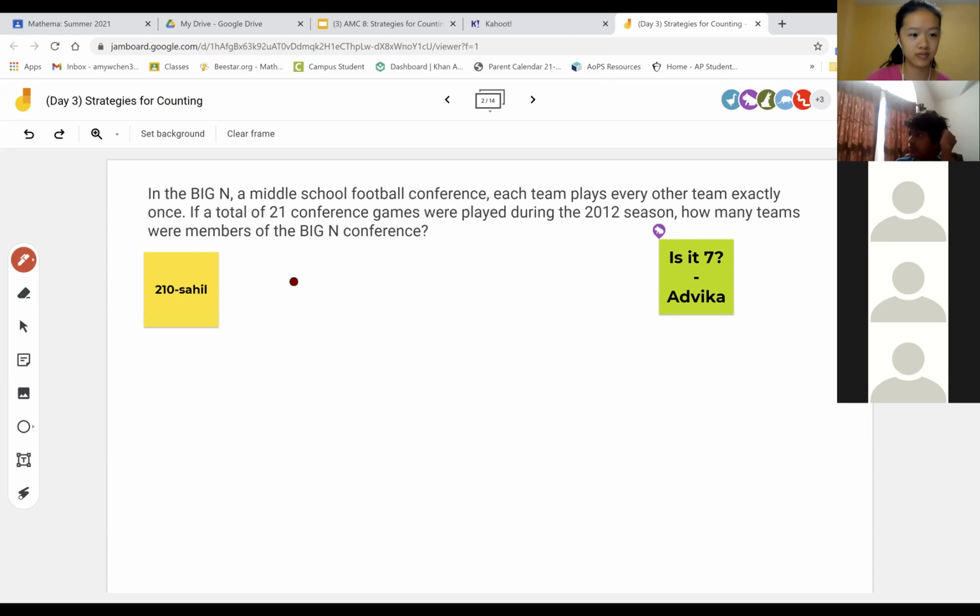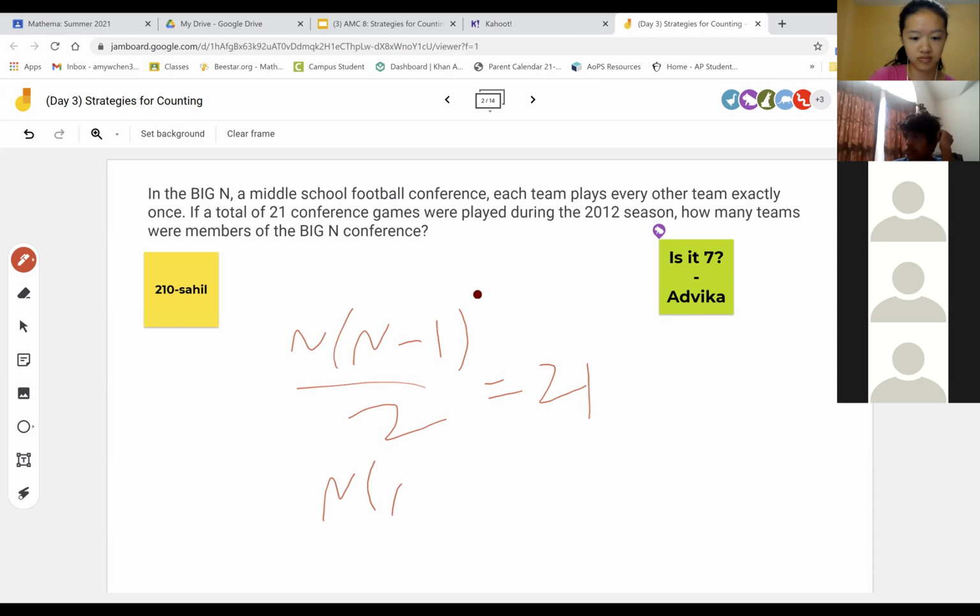Then I went to 7 times 6 immediately, and I checked. So 7 times 3 is equal to 21. And then I was about to say 6, but then I remembered it was n minus 1. So that's how I got to 7.